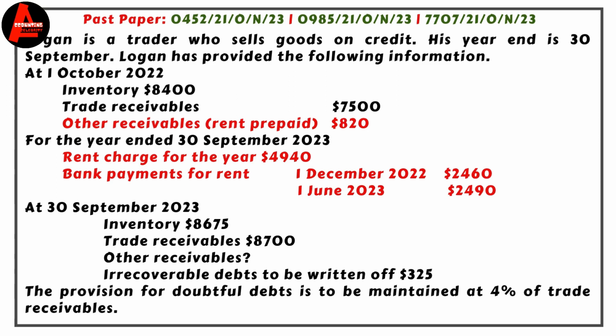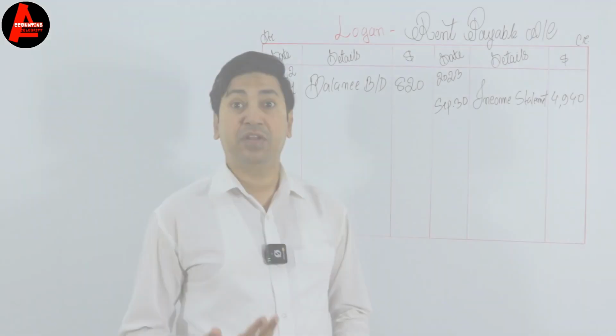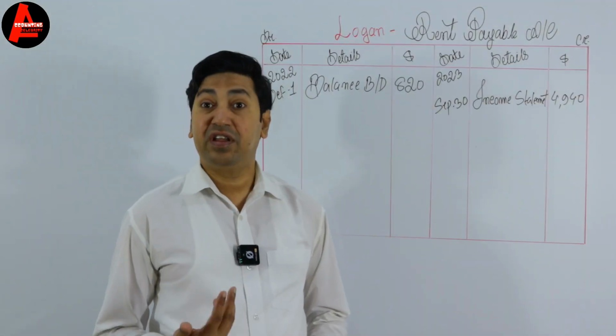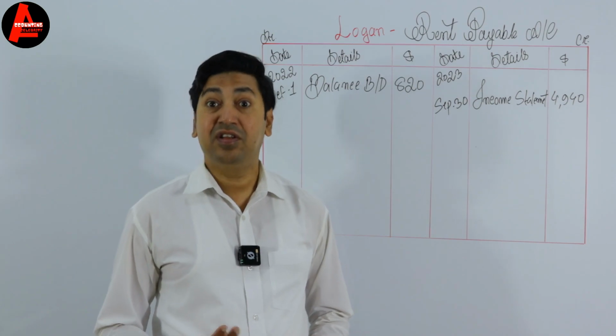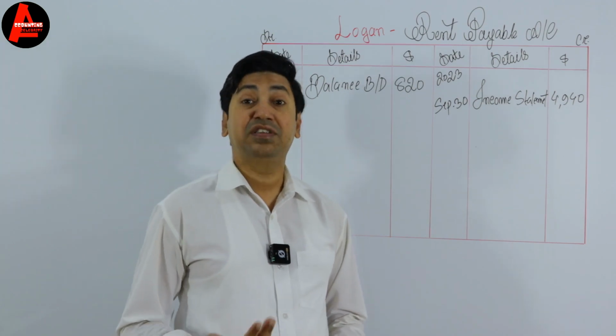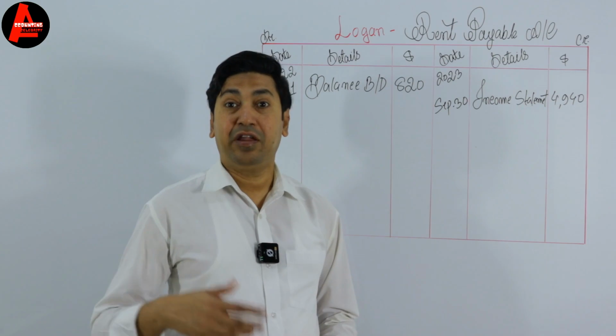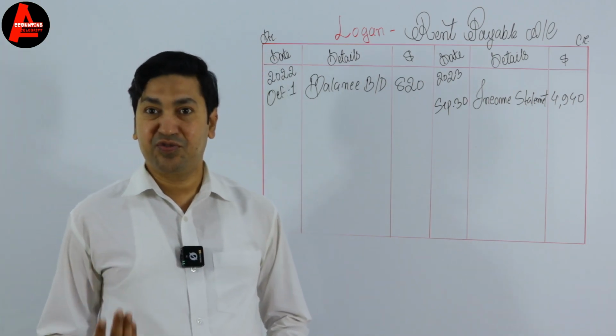Then in the question we have bank payment for rent. 1st September 2022, it is $2,460, and 1st June 2023, it is $2,490. Follow the journal for the payment of rent. Rent is an expense, so the rent account is to be debited and bank account to be credited.